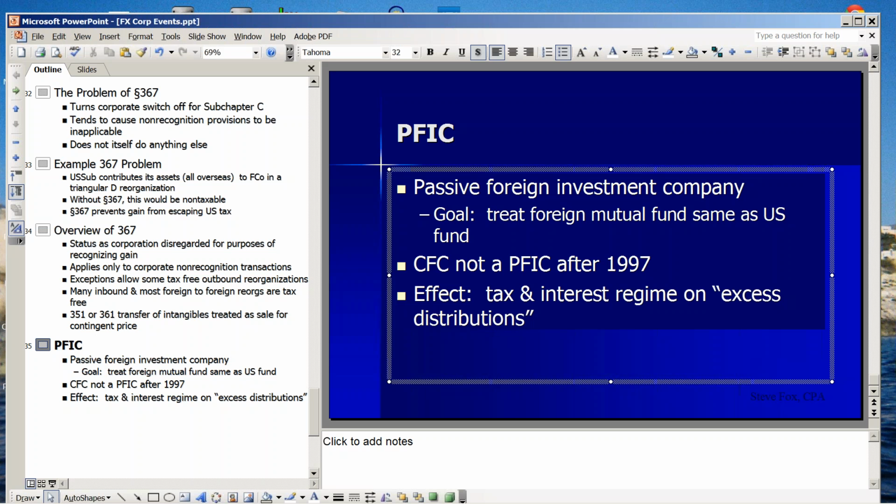Now, this tax and interest regime can be downright confiscatory. If you've had a PFIC since 1986 and it's appreciated the same as inflation over those nearly 30 years, you probably should simply endorse the shares over to the IRS in payment of tax.